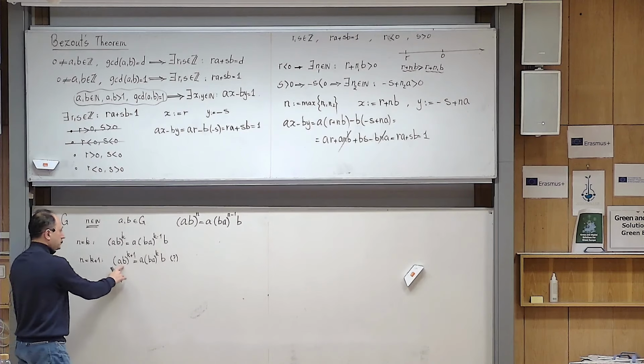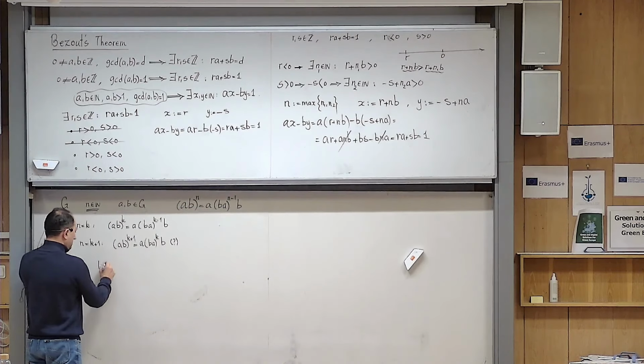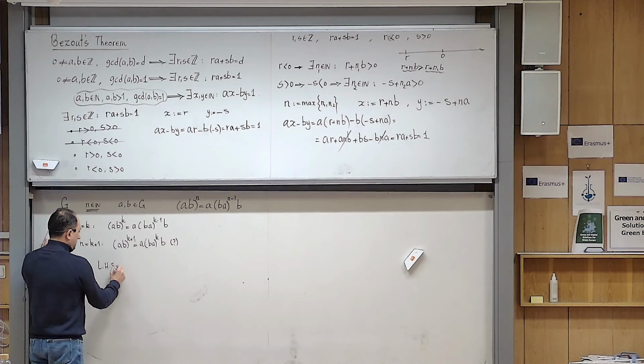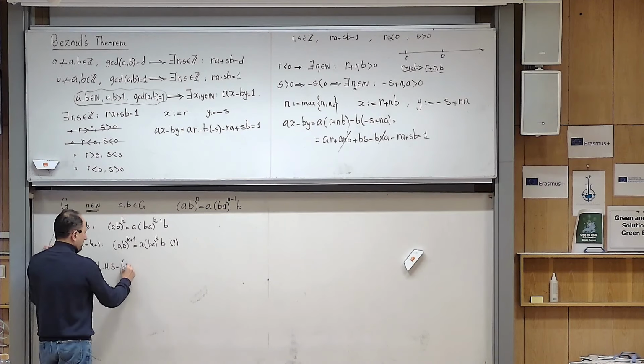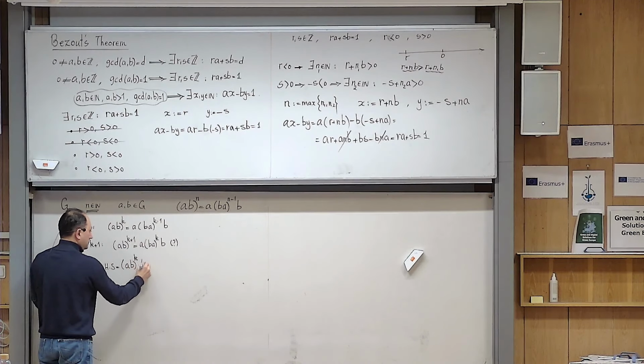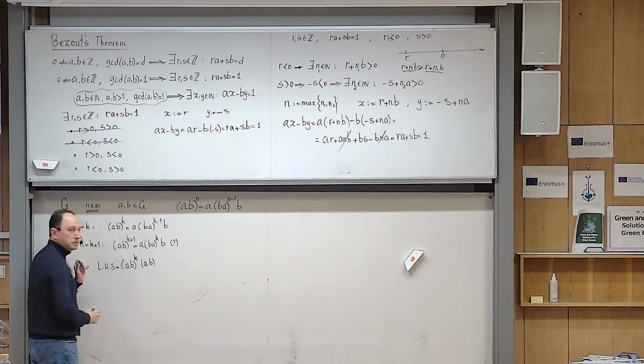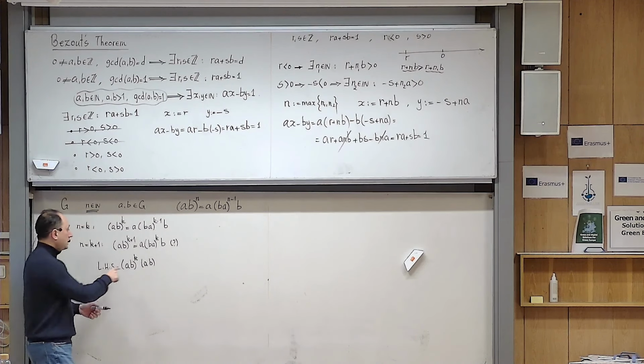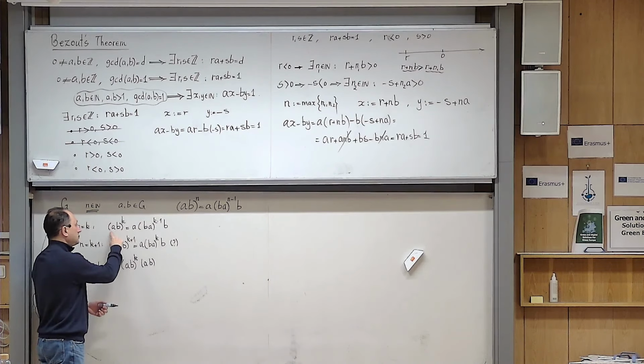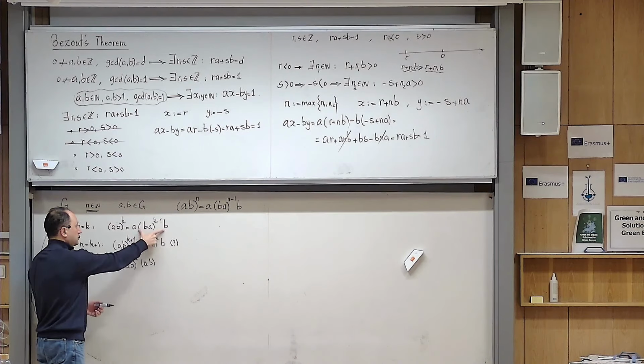So I start from the left-hand side, which becomes equal to ab to the power of k plus 1, which can be decomposed as ab to the power k multiplied by another extra ab. Yes, but now I can use the induction hypothesis to replace ab to the power of k with this expression.